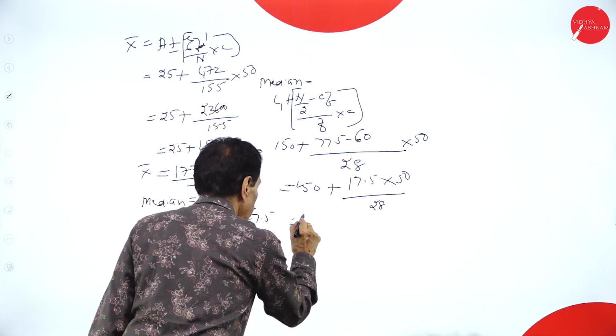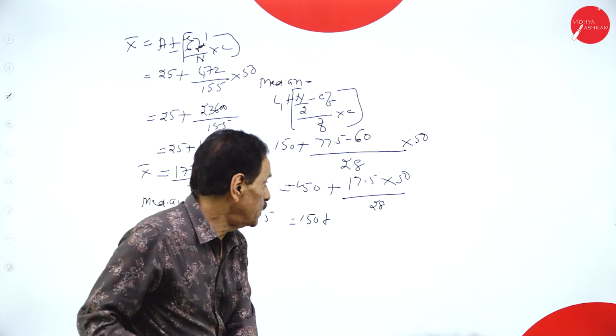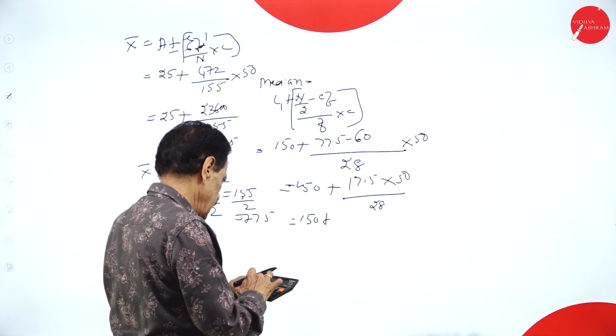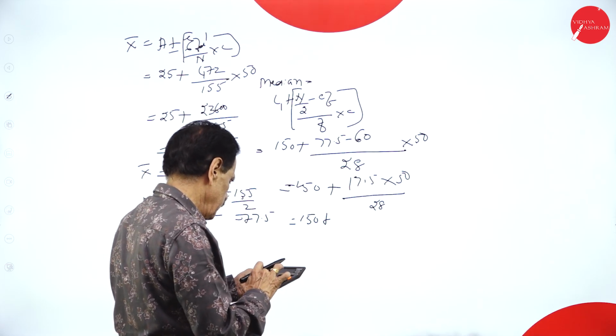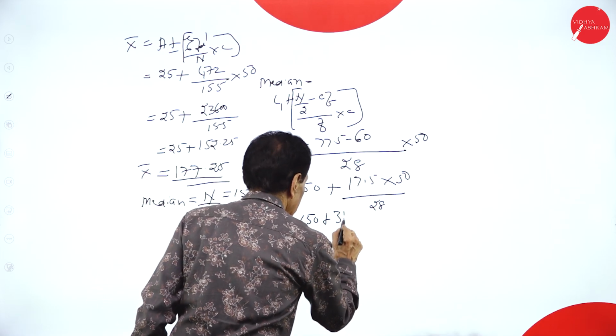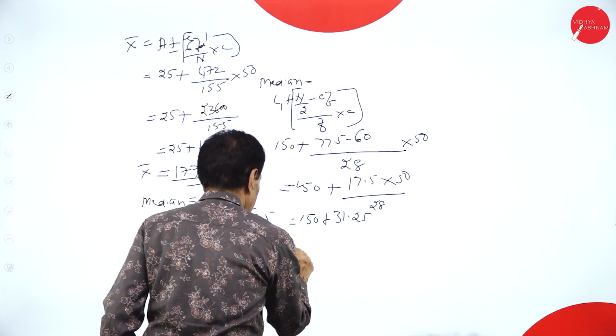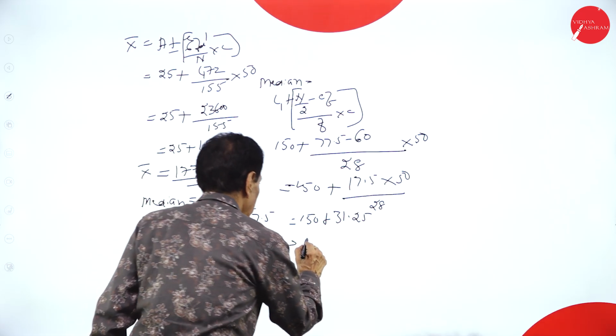Equal to 150 plus, simplify this: 17.5 into 50, 875 divided by 28, 31.25, plus 150, 181.25.